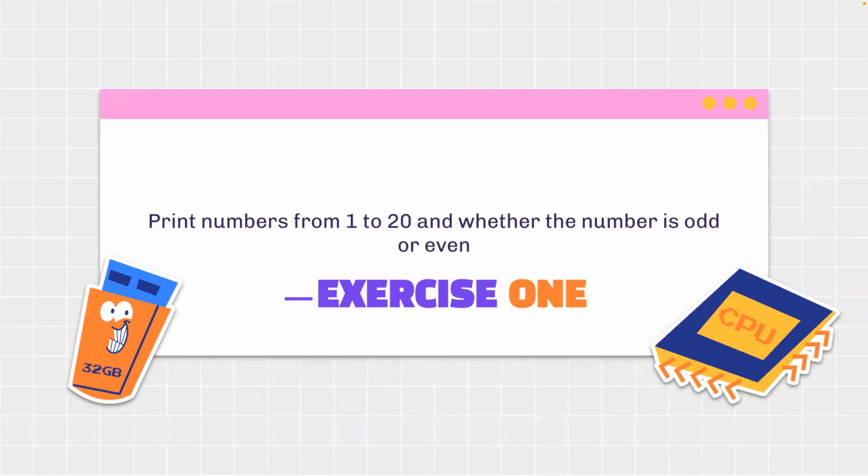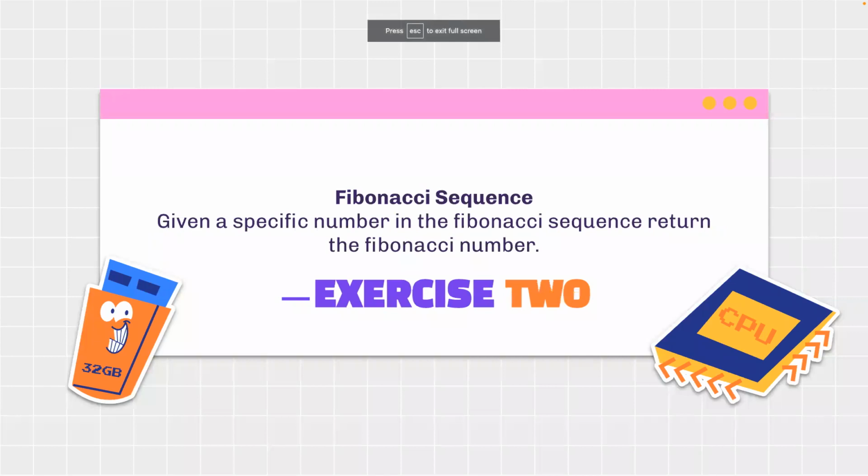Okay. It's now time to start exercise 2. So we want you to bring the sequence from Fibonacci, and then we give you a specific number, and then return the Fibonacci number of this number. If you don't know what that is, you can Google it, read the algorithm, and then try to write some code.